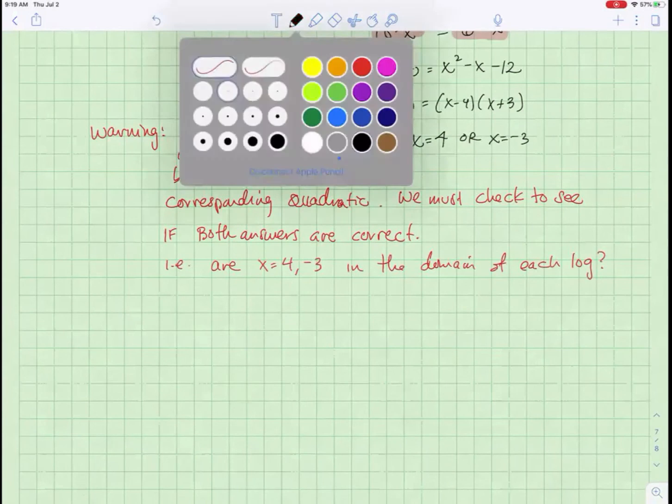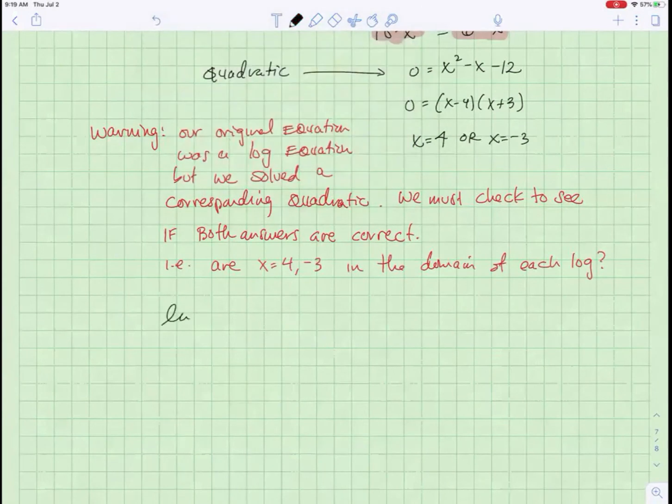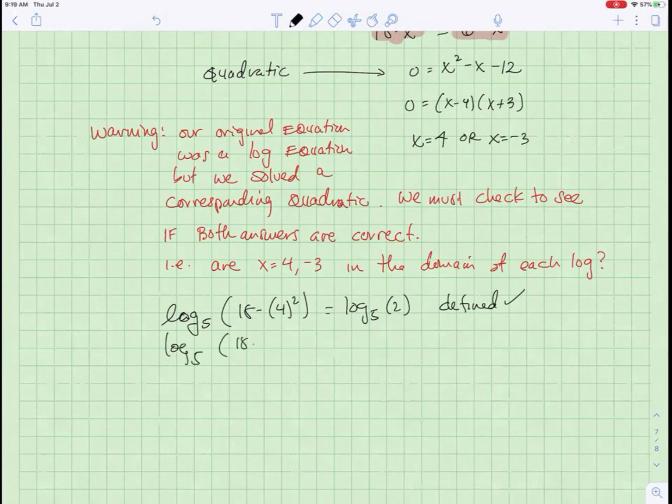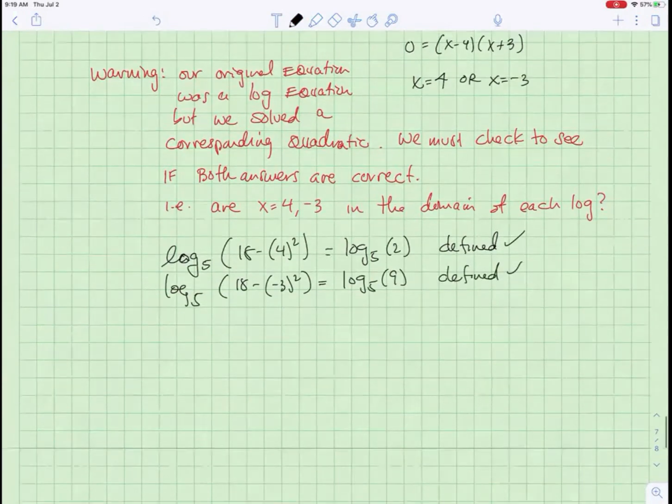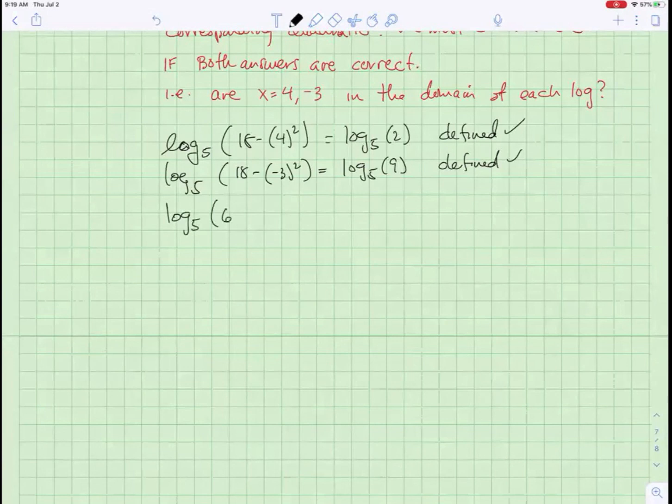Well, let's double check here. Log base 5 of 18 minus 4 squared is log base 5 of 2, which is defined. Log base 5 of 18 minus -3 squared is log base 5 of 9, which is defined. And log base 5 of 6 minus 4 is also log base 5 of 2.